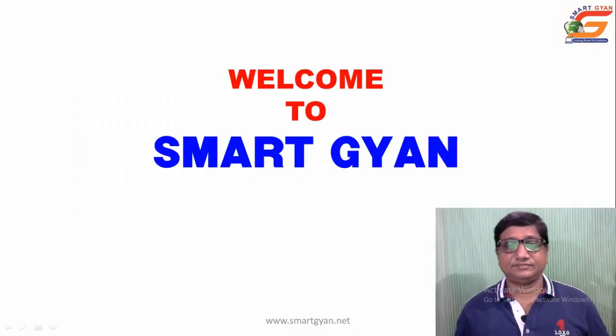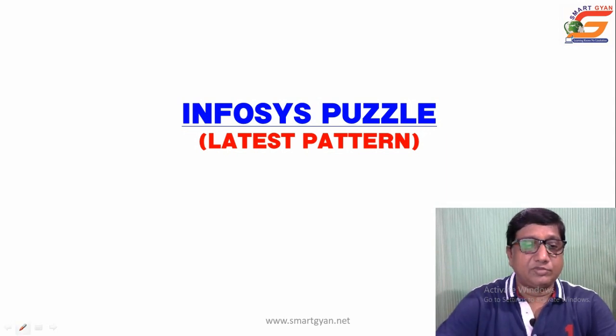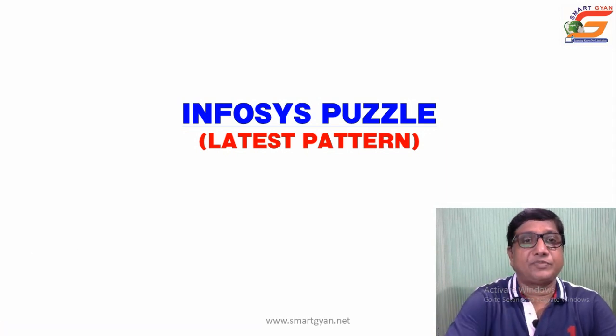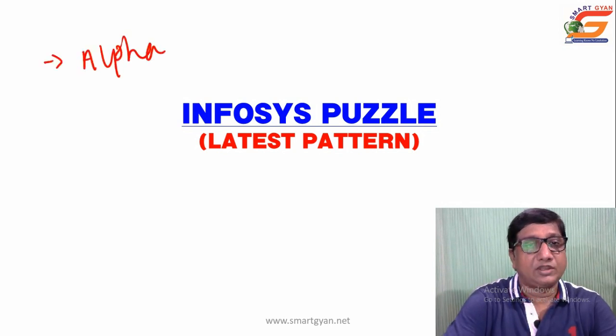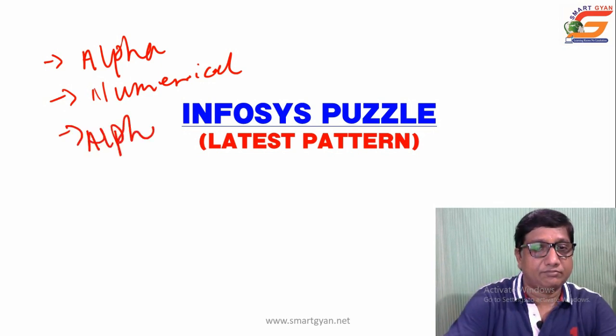How to deal with numerical puzzles? Let us learn the trick. It has been specified regarding numerical puzzle, but it may be alphabetical, only alpha, or only numerical, or it may be alphanumeric, alpha plus numeric.